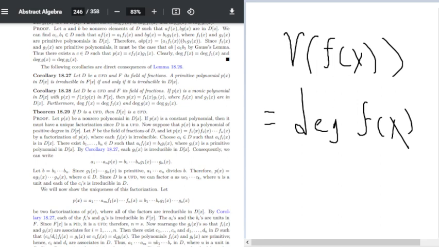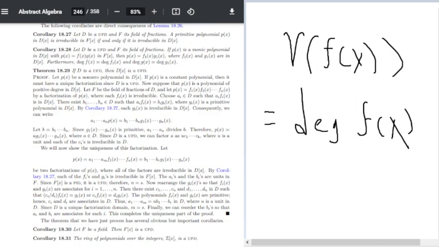Choose ai in D such that ai fi(x) is in D[x]. Then, there exist b1 all the way to bn in D such that ai fi(x) is equal to bi gi(x), where gi(x) is a primitive polynomial in D[x]. By Corollary 18.27, each gi(x) is irreducible in D[x]. Consequently, we can write a1 all the way to an p(x) equals b1 all the way to bn g1(x) all the way multiplied up to gn(x).